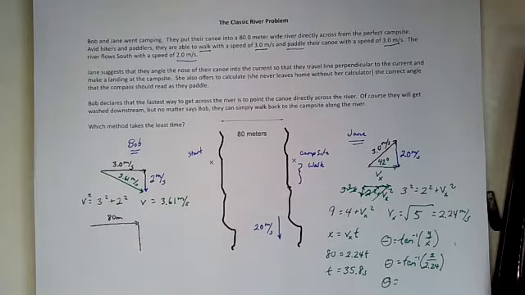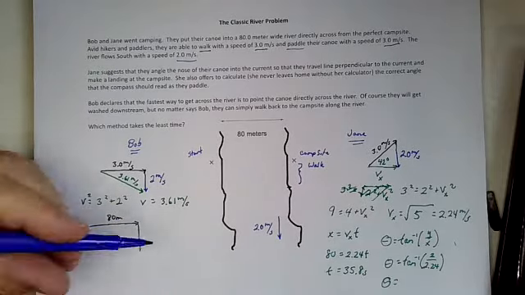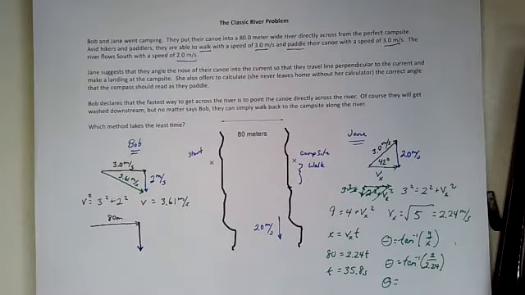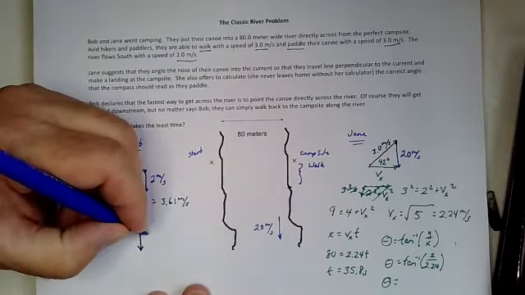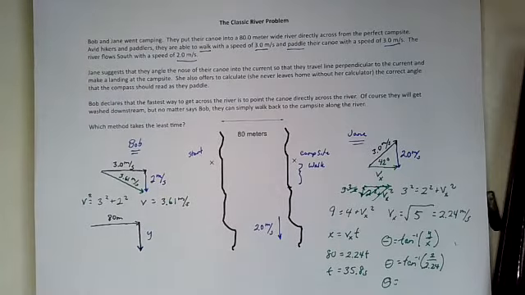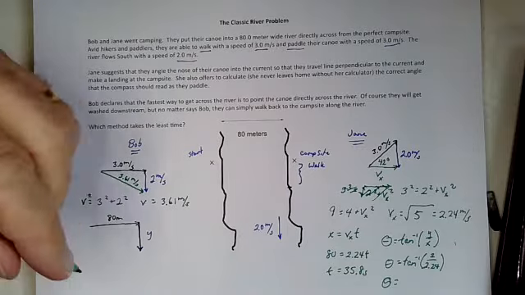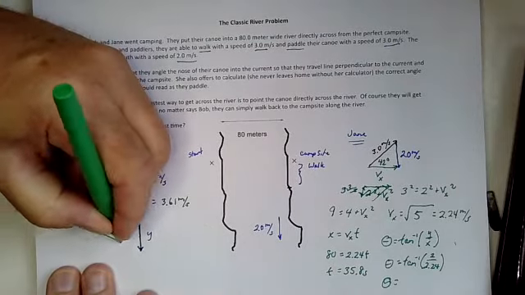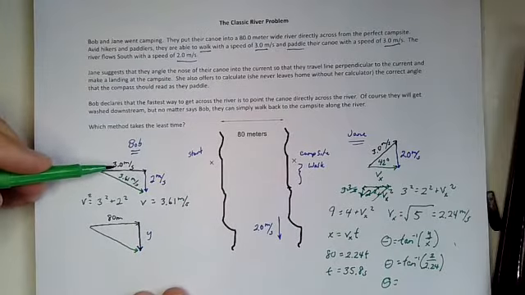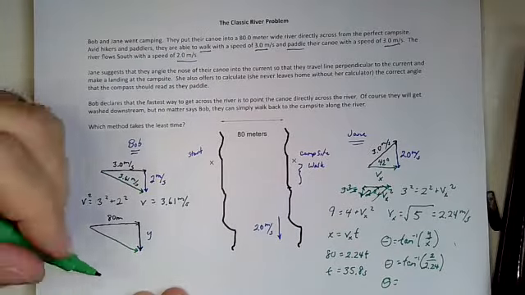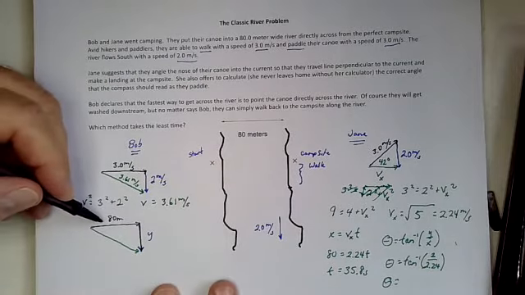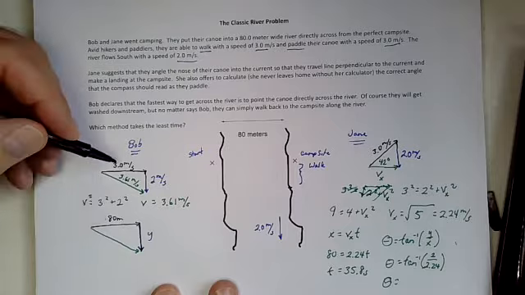Whoops, lost my color coding. Okay, and then this is going to be some kind of distance in the y direction. And then we don't know what this distance is either. But the time to cross is going to be equal to, here's our distance and here's our velocity.